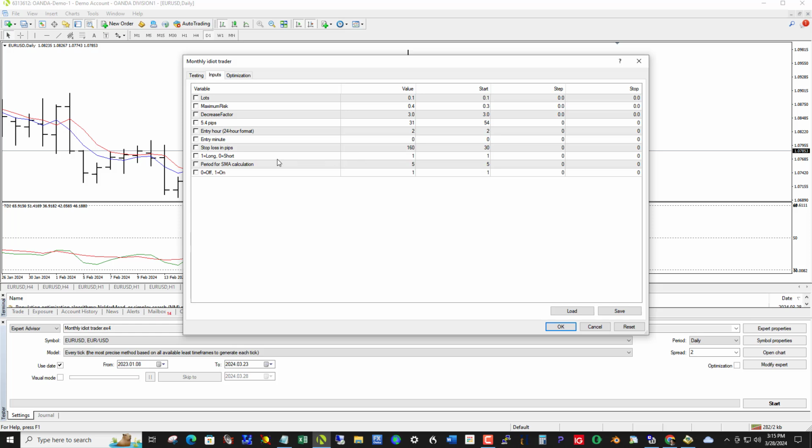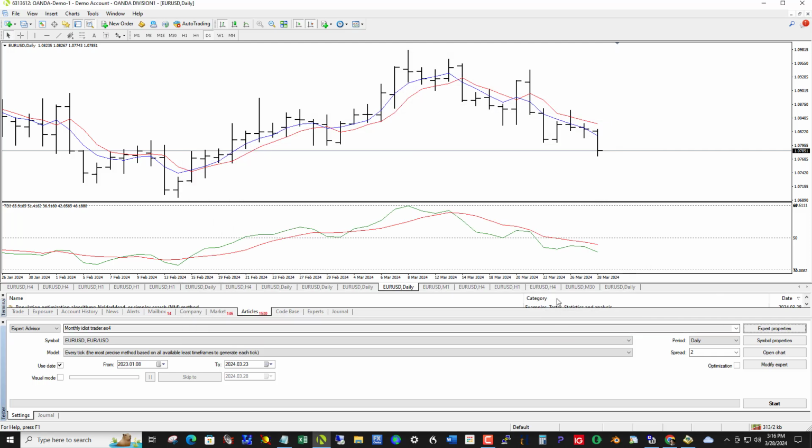And I asked it also to allow me to enter long or short or both. And I can change the period for the moving average calculations. Okay, so that's the rundown of the inputs, all provided courtesy of Chat.